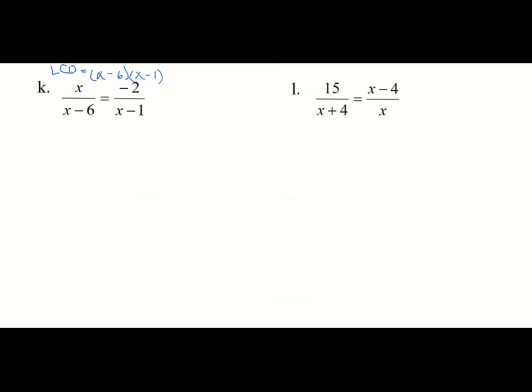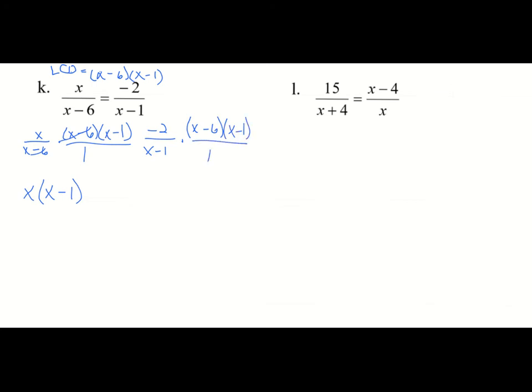So when I do x over x minus 6 times x minus 6, x minus 1, my x minus 6 cancels out, and I have x times x minus 1. On the other side, when I do negative 2 over x minus 1 times x minus 6, x minus 1, x minus 1's cancel out, and we get negative 2 times x minus 6.